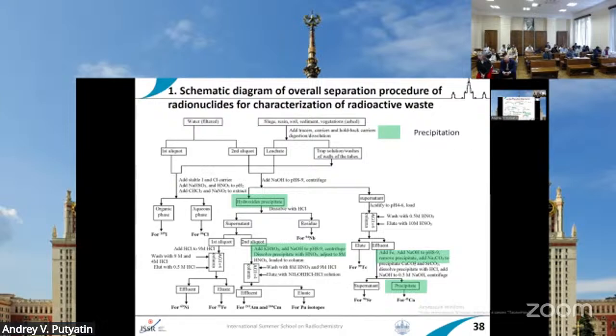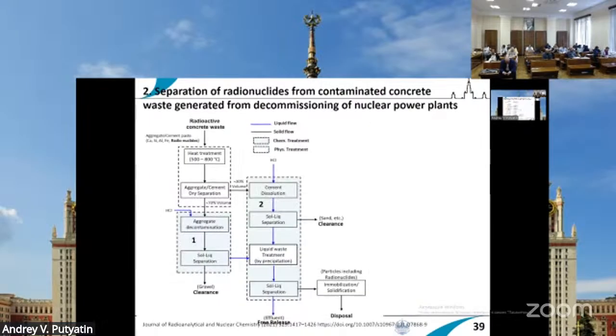And you can see that this is a process that has all three types of isolation of radionuclides. And also you can see that solvent extraction, in the case of radioanalytical purposes, is not as widespread as precipitation and chromatography.